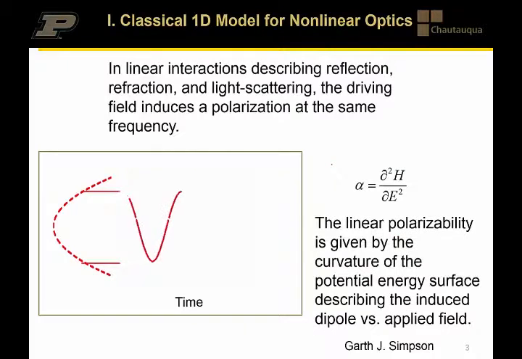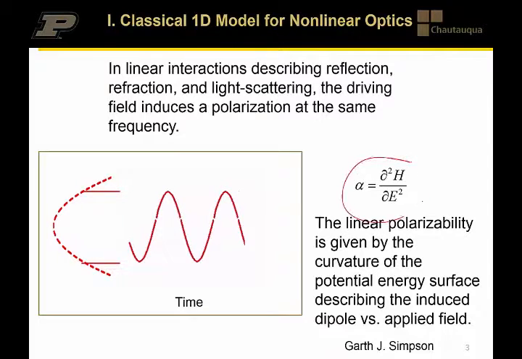So we can describe quantum mechanically the linear polarizability by the curvature of the potential energy, H, the internal energy, as a function of the electric field, E. So you can think of if we apply an electric field and we induce a particular internal energy, if we have a steep curvature, then we induce a greater internal energy for the same sloshing.